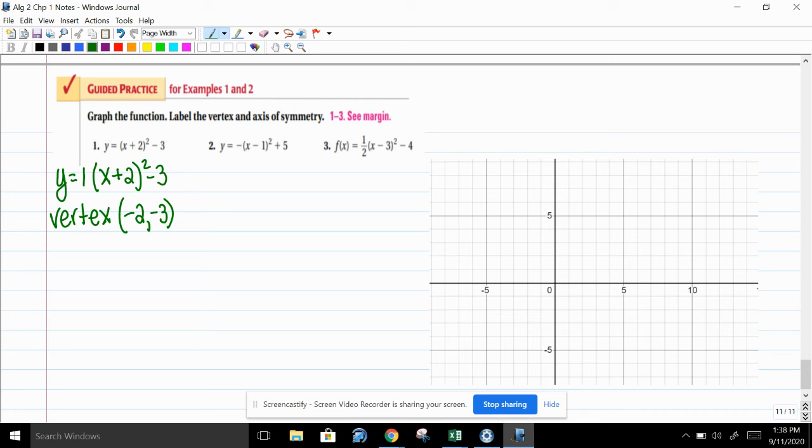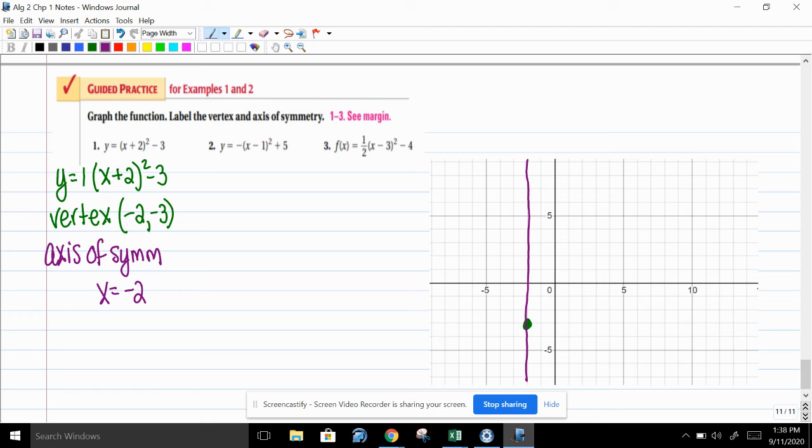So my vertex is 2 left, 1, 2, 3 down. Your axis of symmetry is x equals, you steal the x coordinate of the vertex, x equals negative 2. So my axis of symmetry goes right down here.